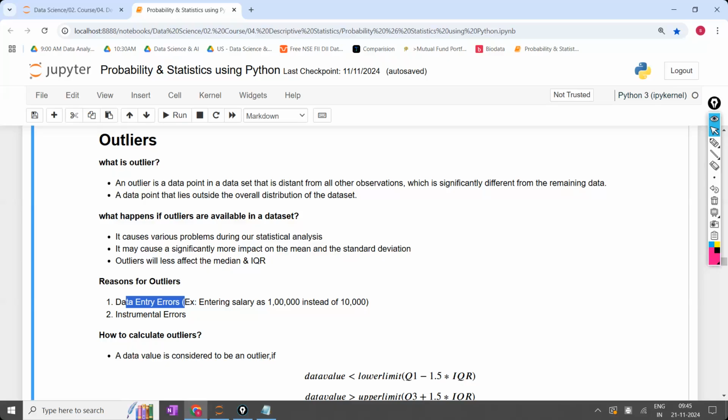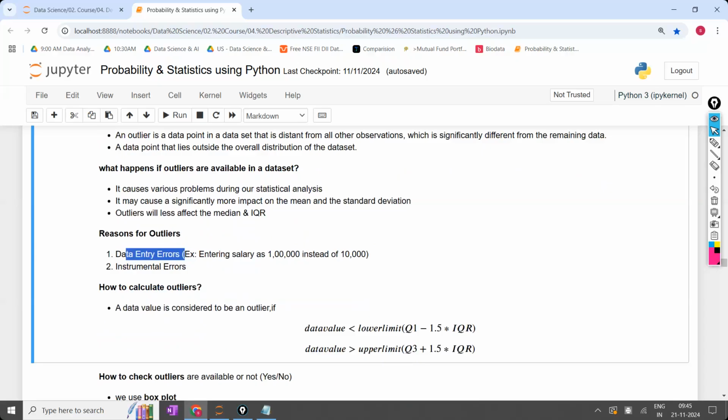Now, first, how to calculate the outliers? Any value less than the lower limit is considered an outlier. Up to the lower limit, it is not called an outlier. Any value greater than the upper limit is also called an outlier. Upper limit means Q3 plus 1.5 times IQR.